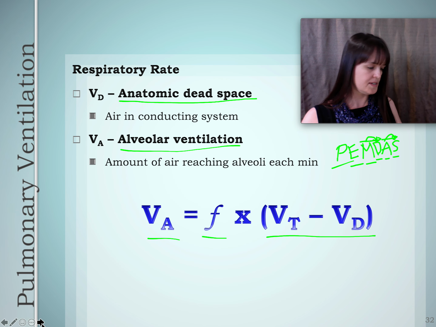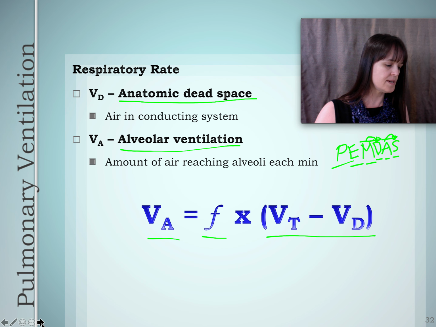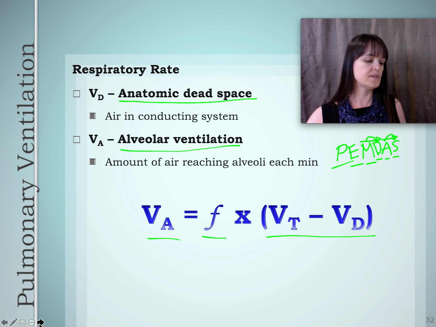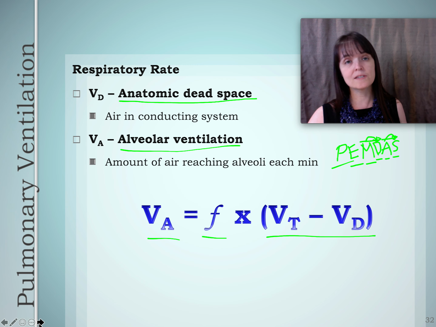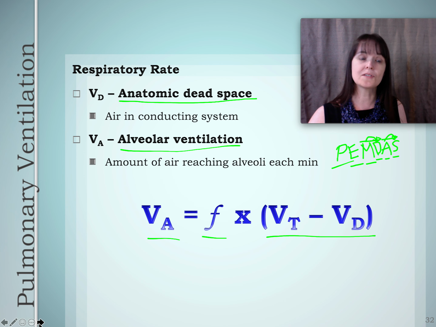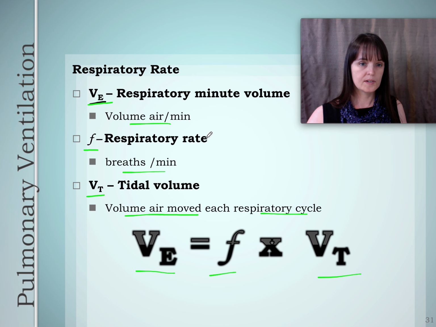Back to the note set. How does the air reaching the alveoli differ from the atmospheric air? It is lower in oxygen and higher in carbon dioxide because it mixes with the previous exhale that was also caught in the anatomic dead space. The respiratory minute volume is the VE.